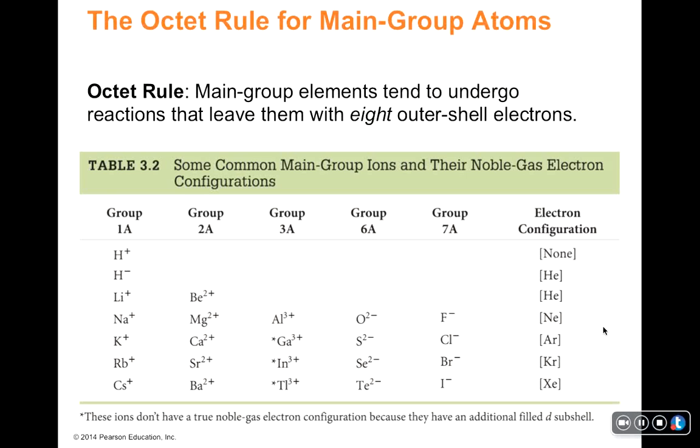So group 6A and 7A want to gain electrons to build up to 8. Group 1A, 2A, and 3A want to lose electrons to drop down to their full shell underneath. They all want to get to this noble gas configuration.